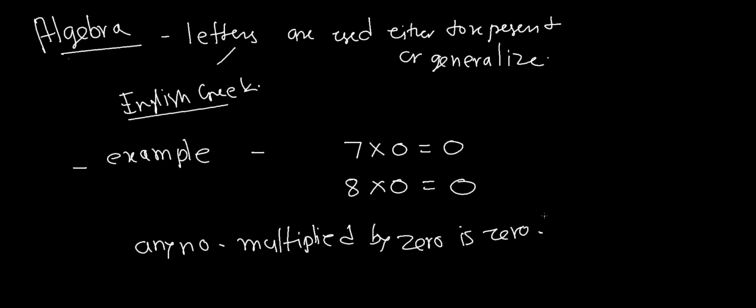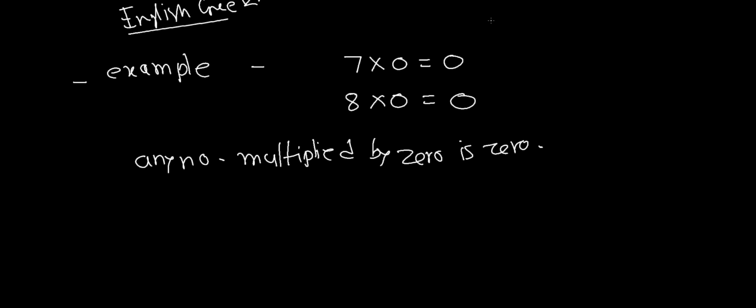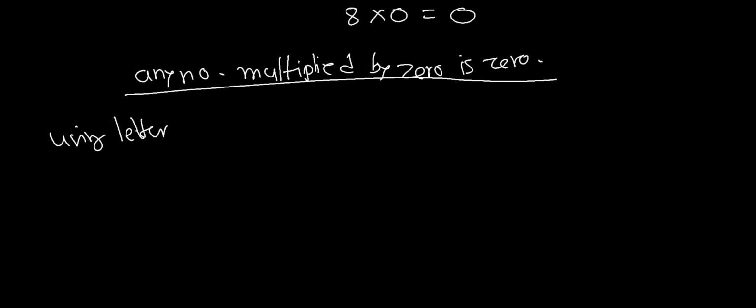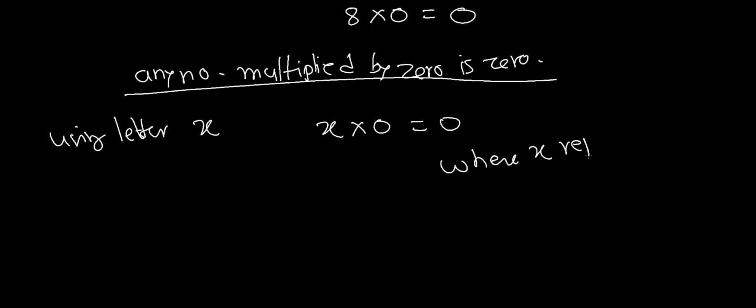And now here we can write this statement, any number multiplied by 0 is 0, using a letter, let's say x. So x into 0 gives you 0, where x represents any number.